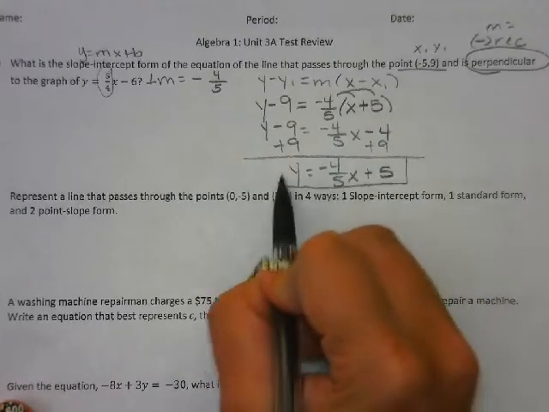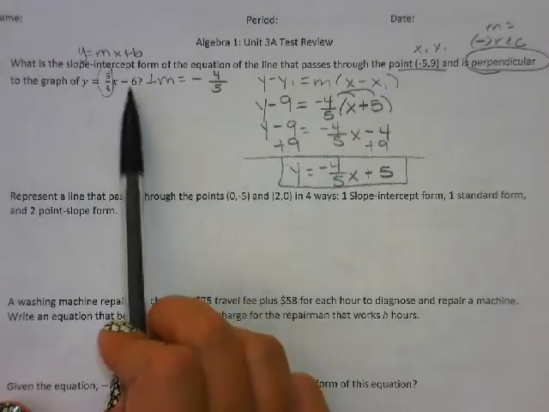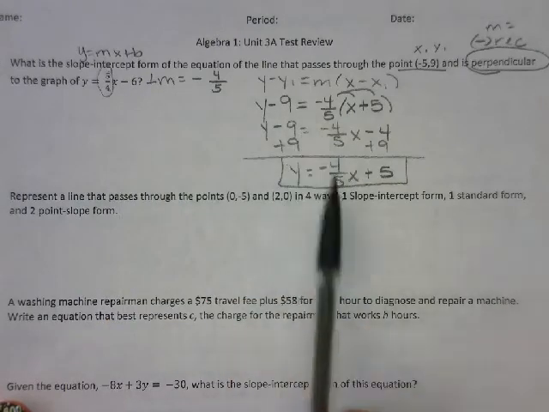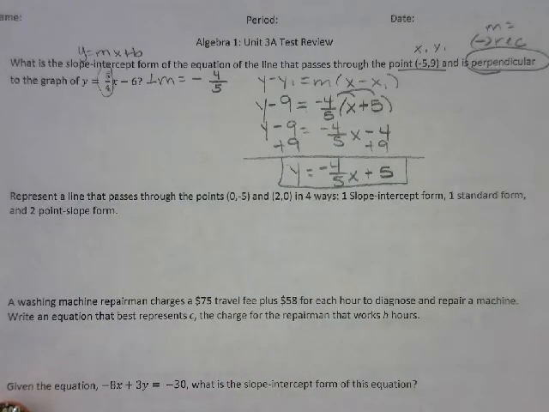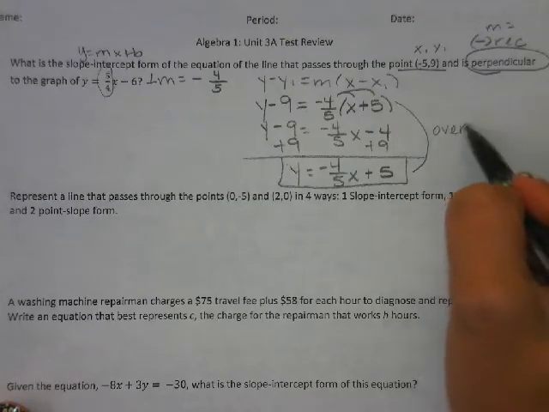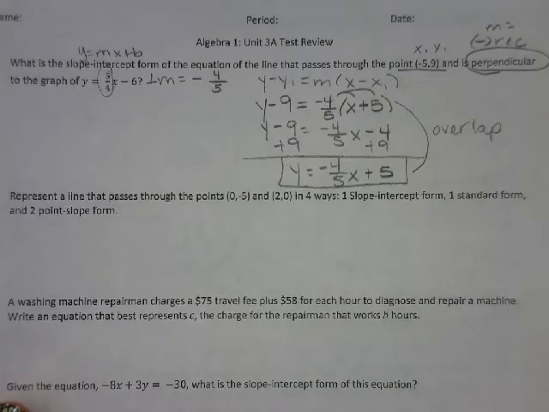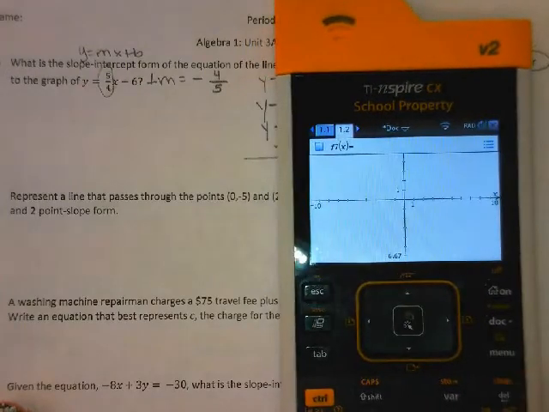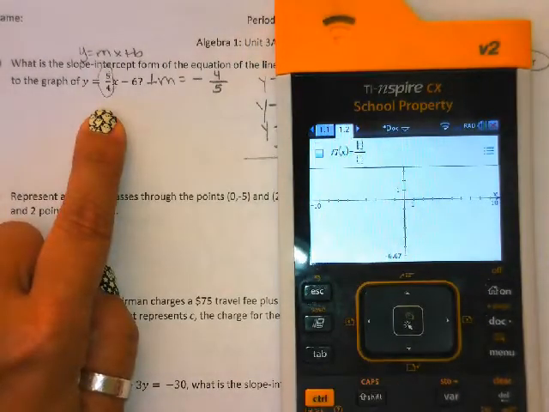So to check this, we need to graph this equation, and this equation. That way we can make sure that we have put everything in correctly. These two equations should overlap when you put them into the calculator. So I'm going to go ahead and put in my first one, 5/4x minus 6.